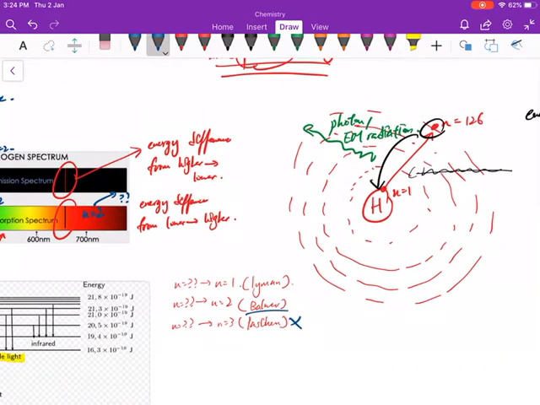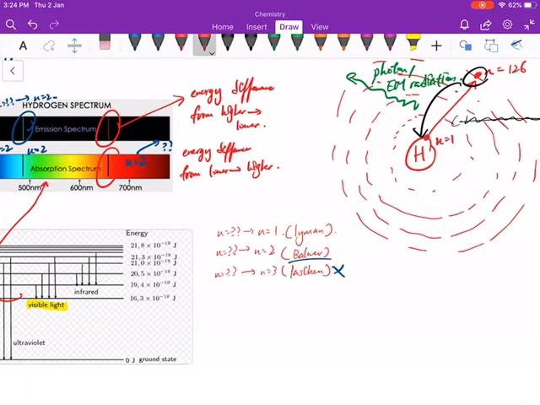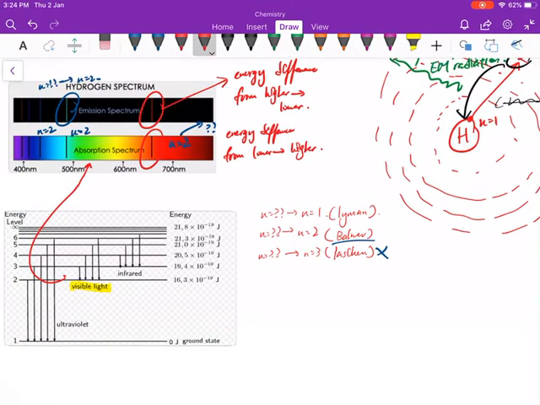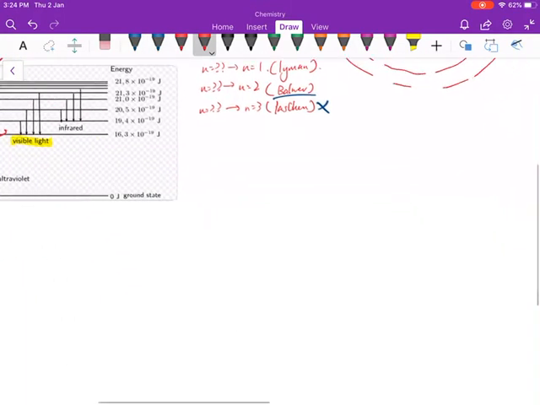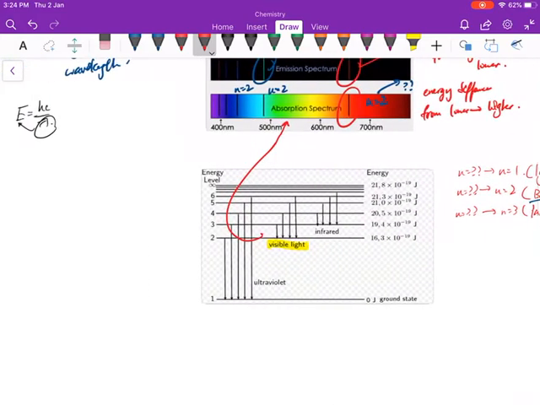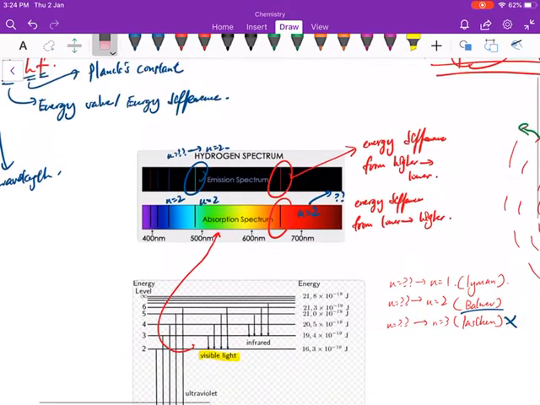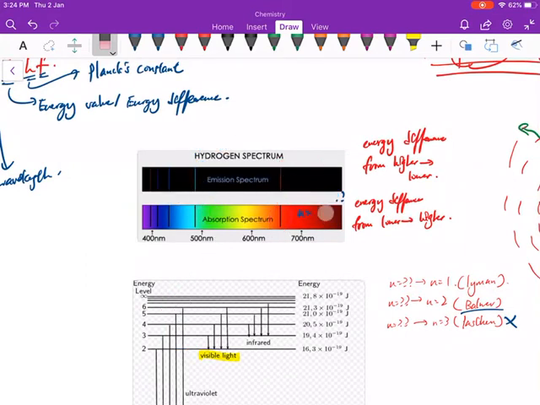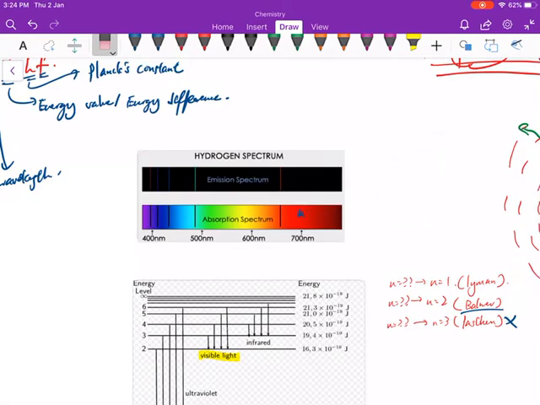So there are two main things. What I'm going to say is quite easy to understand, but quite hard to explain. Often in exams, they are going to ask you two things.